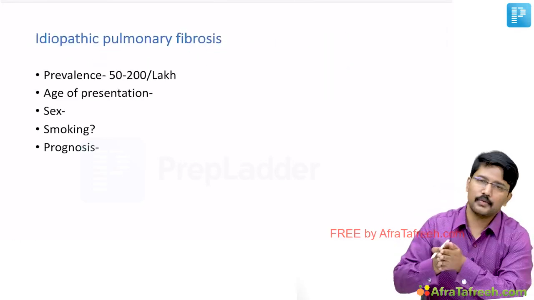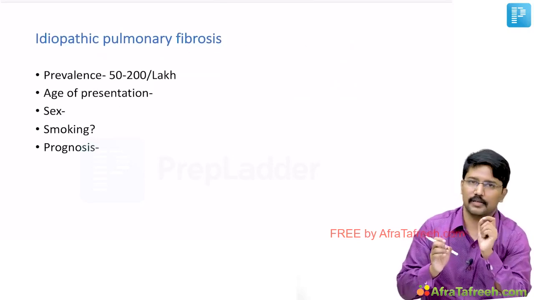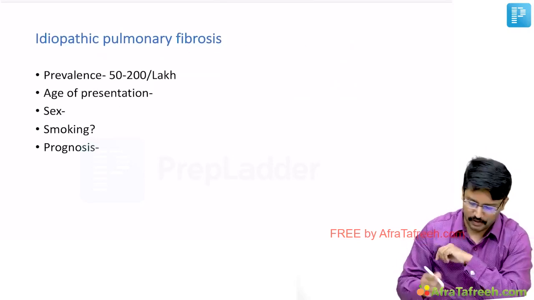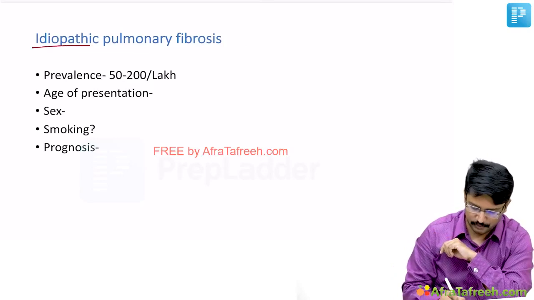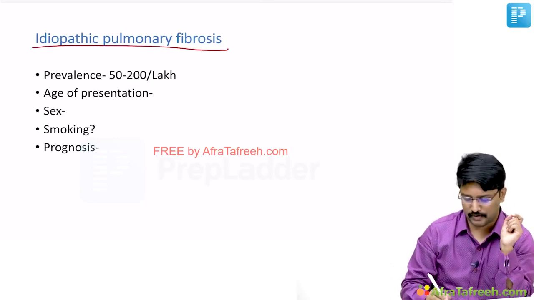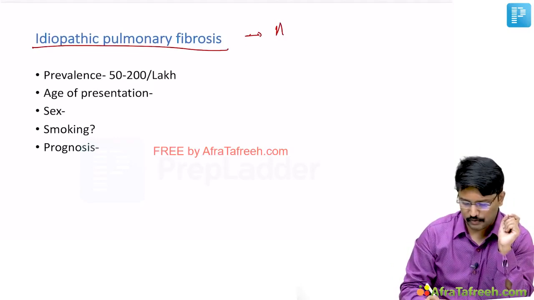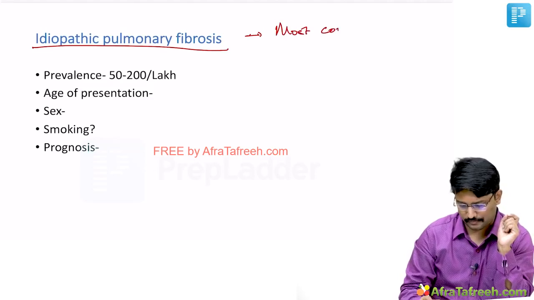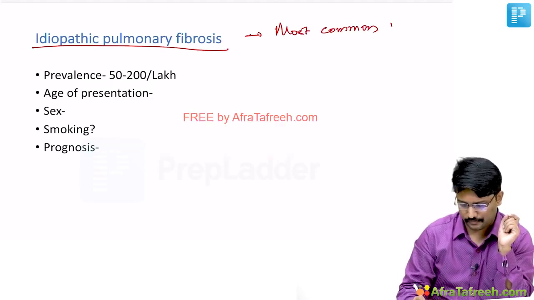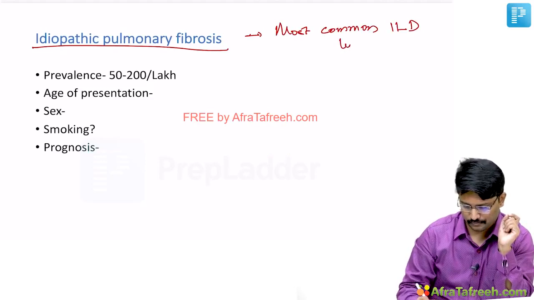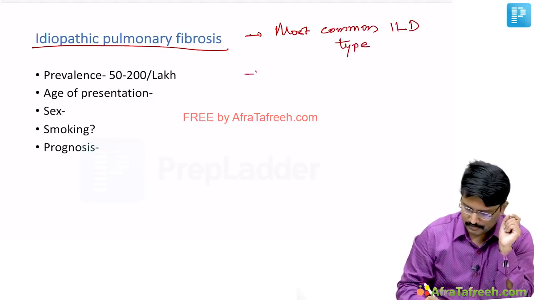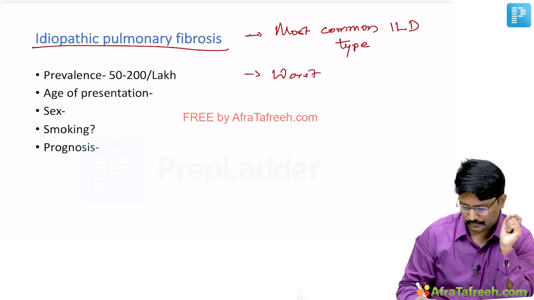Let us look into some of the ILD variants in some detail, starting with the most important, interstitial pulmonary fibrosis. Remember, this is the most common ILD variant. This is the ILD with the worst prognosis.